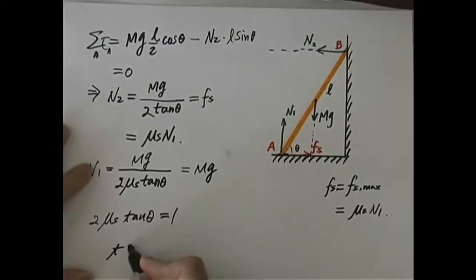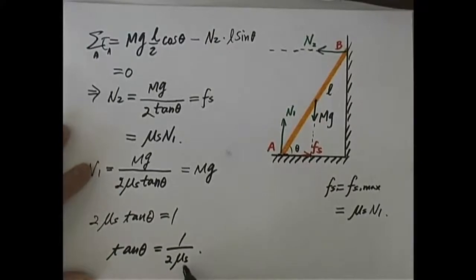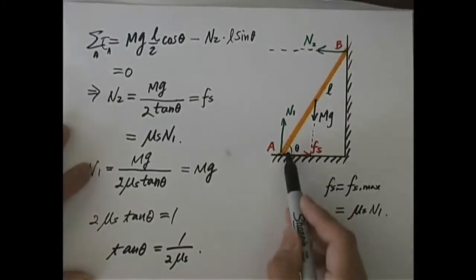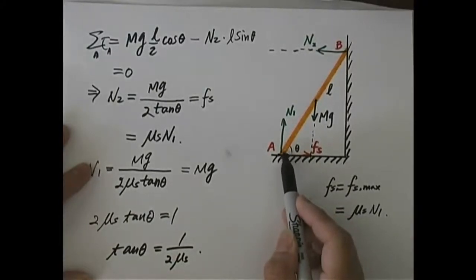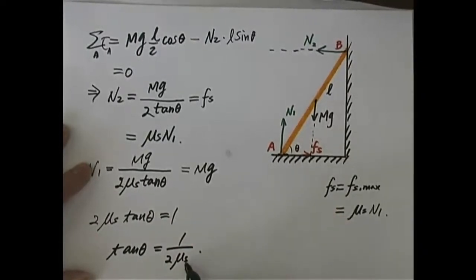So tangent theta must equal 1 over 2 mu s. For example, if this ladder has a rubber end, then rubber on dry concrete, mu s equals 1. So tangent theta will be 1/2. That tells you what the angle theta is.